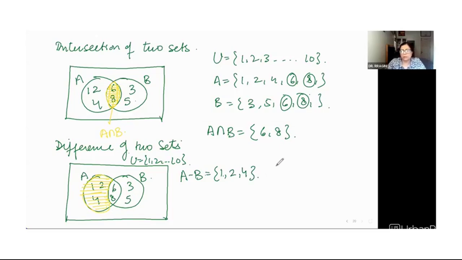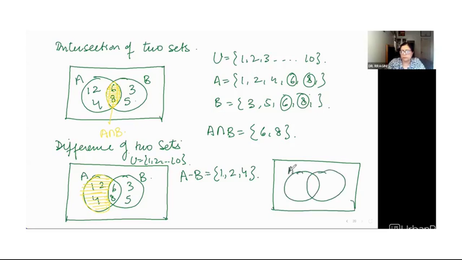Right? Now, similarly, if we talk about B minus A, A, B. This is 1, 2, 4, 6, 8, 3, and 5. Now, you have to make it other way.